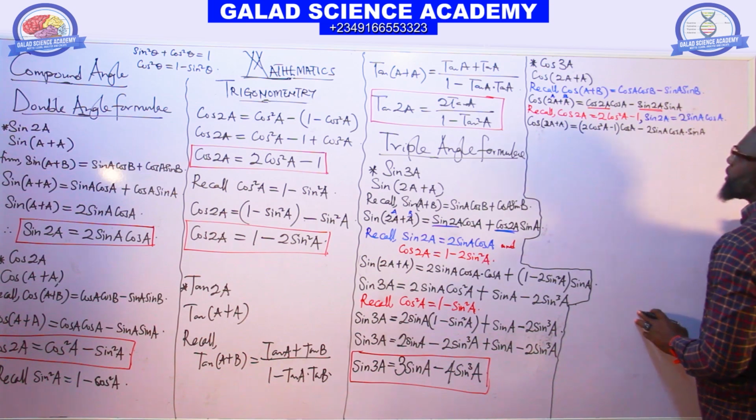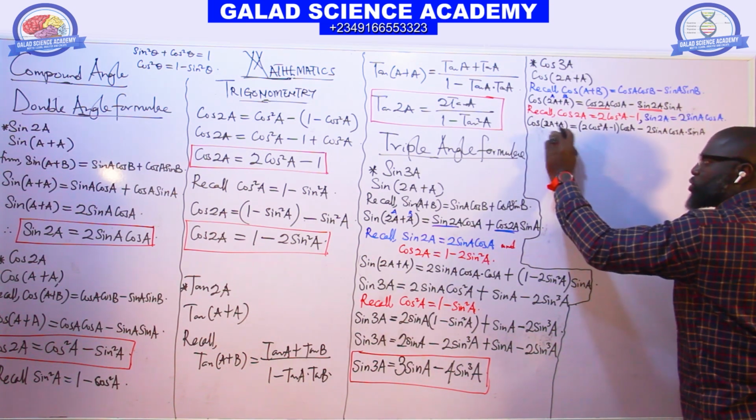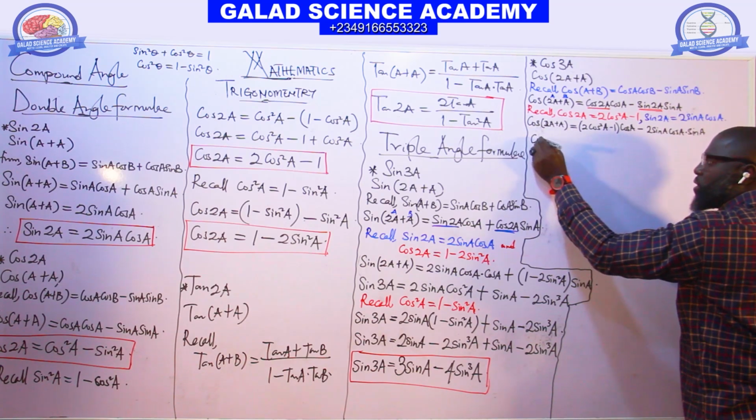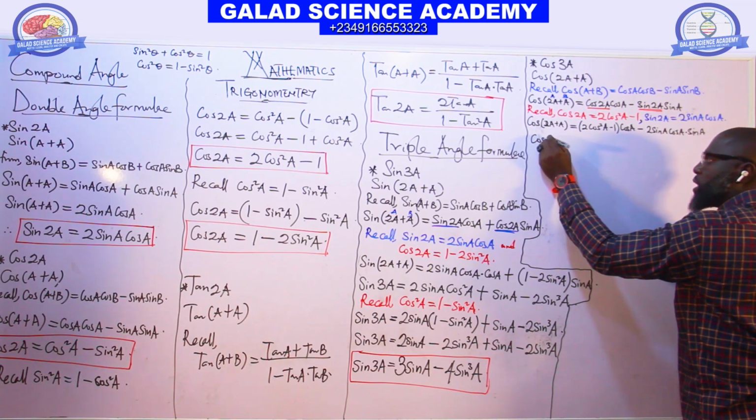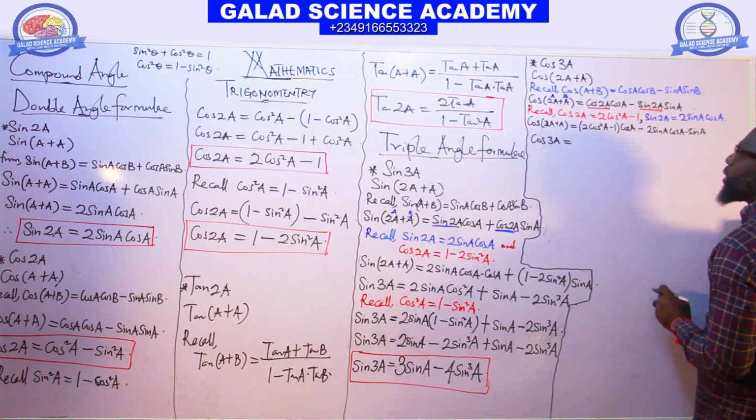So the next thing is, let me expand this bracket. Let me add this together, 2A plus A gives us 3A. Cos 3A.